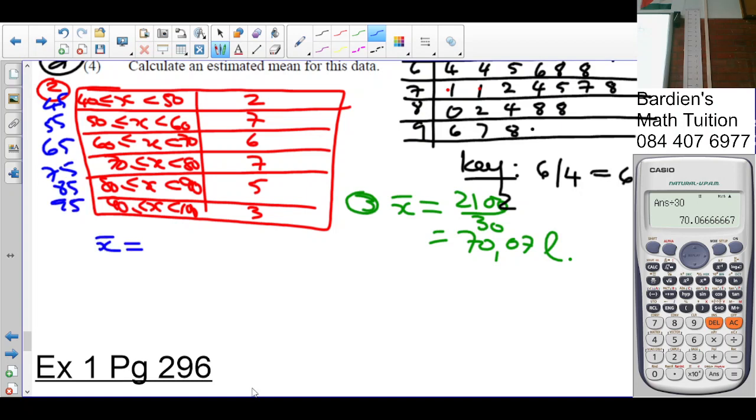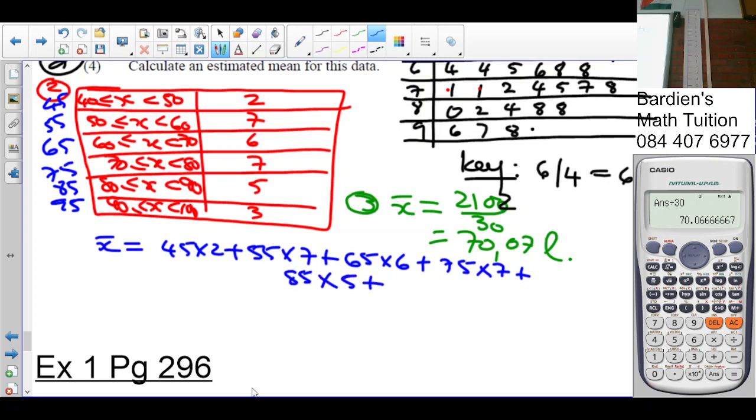So your mean is going to be 45 times 2 plus 55 times 7 plus 65 times 6 plus 75 times 7 plus 85 times 5 plus 95 times 3, and this is all over 30.